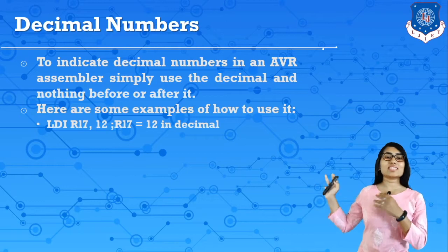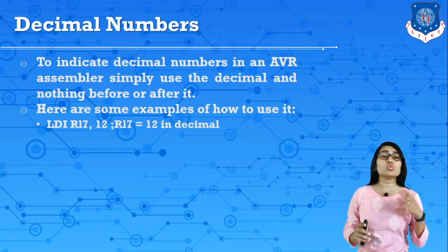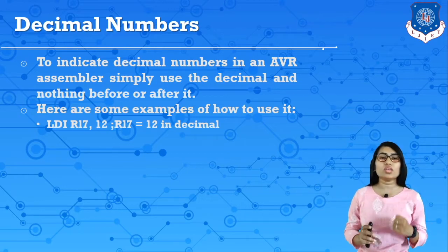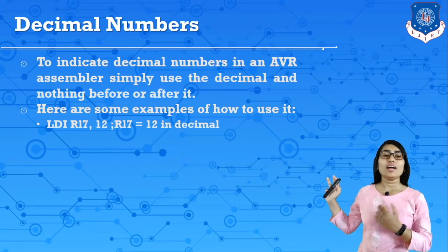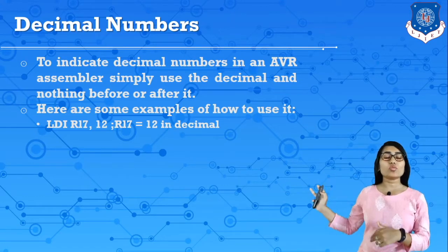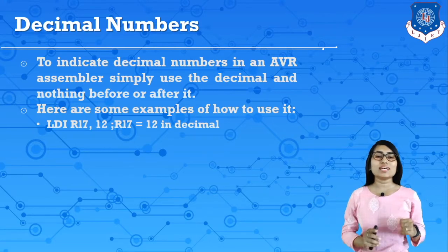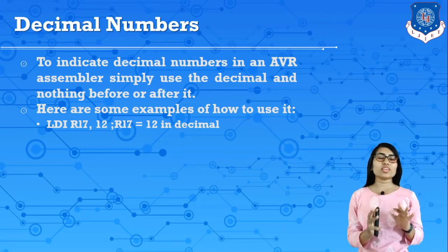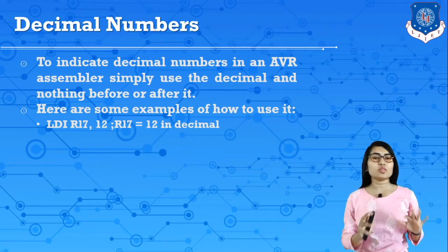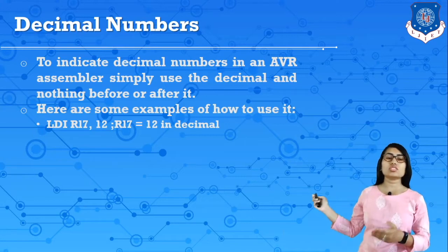It indicates that this is a decimal number. So LDI R17, 12 indicates that this 12 is in decimal format. R17 stores 12, but actually in R17 there is the binary pattern of 12. So this is the decimal number.